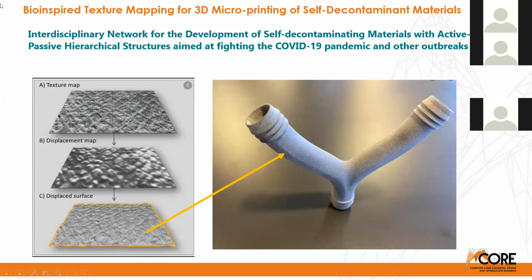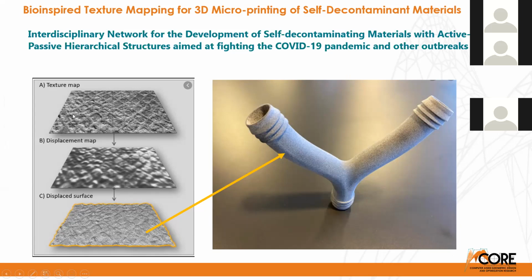So then our part in the project became this texture mapping. We get the AFM image of a biological structure known for being self-cleaning or self-decontaminant or even super hydrophobic.